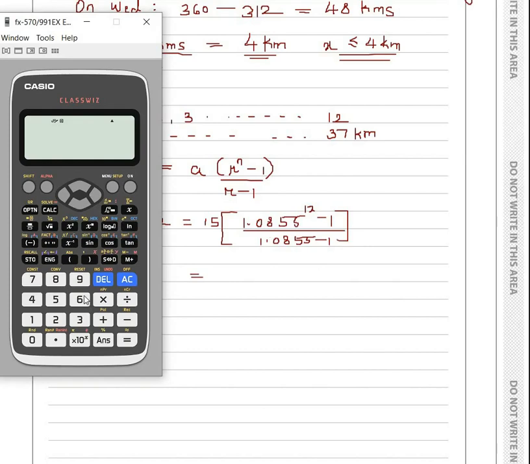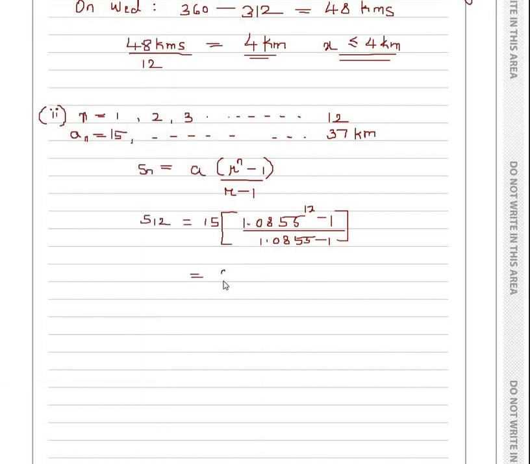I'll just solve the bracket first. 1.0855 raised to the power of 12 minus 1 gives me 1.6764. Then I'm going to divide it by 1.0855 minus 1 and multiply by 15, and that gives me 294.11.